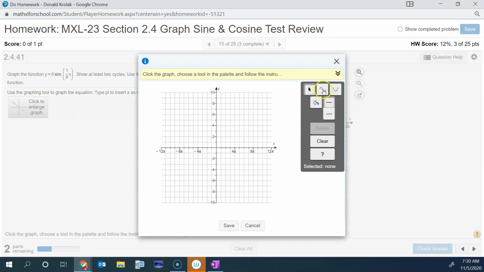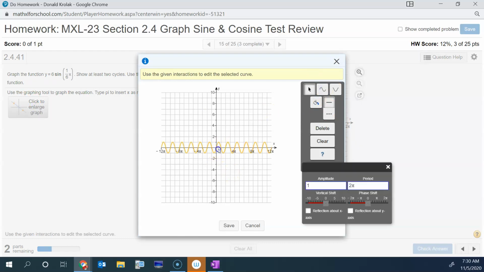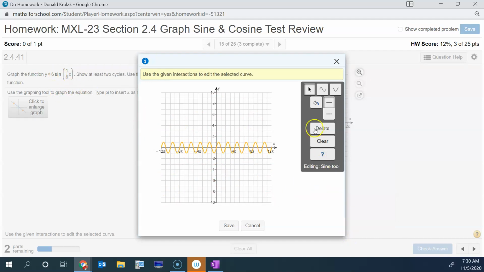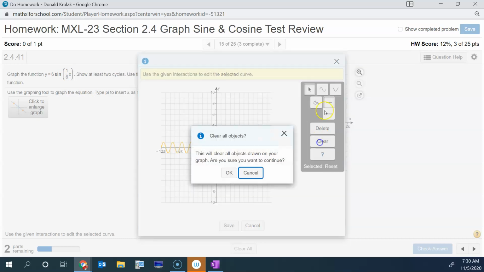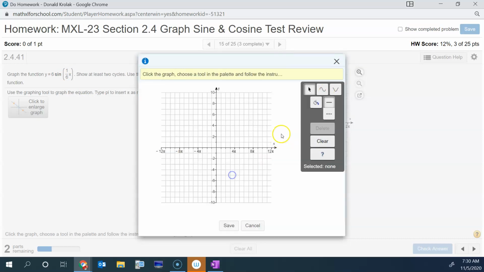All right, we got ourselves a sine. Okay, Jada, what do we got to change? 6. All right, whoops. Bless you.